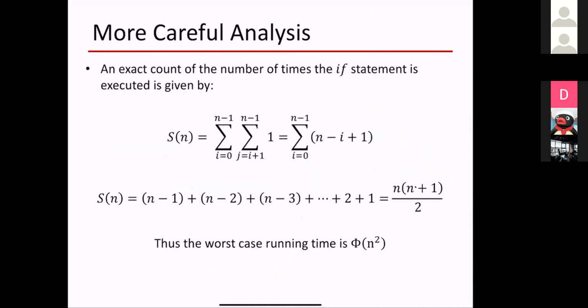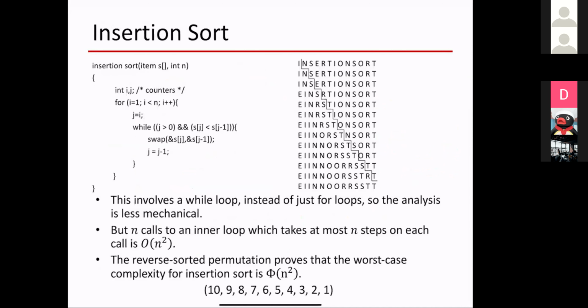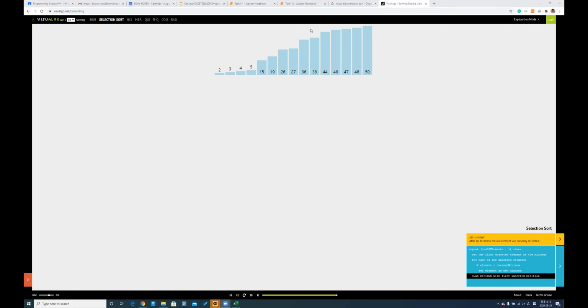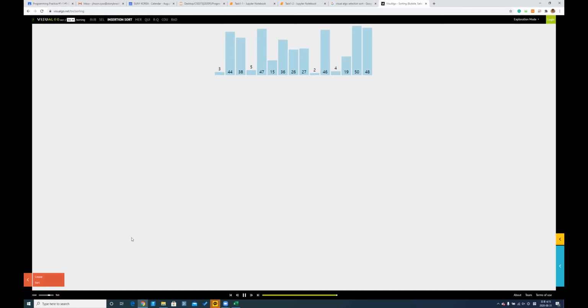Okay, insertion sort. Let's do this one as an example. You know what the insertion sort is, right? So let me show you the insertion sort.